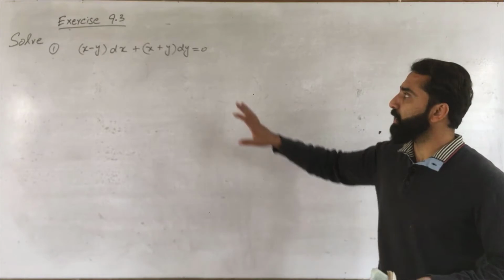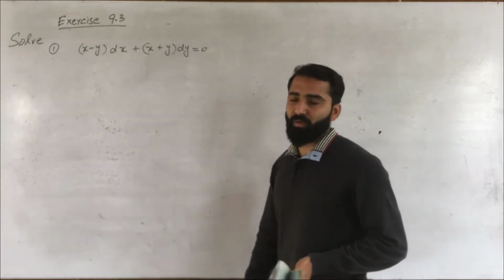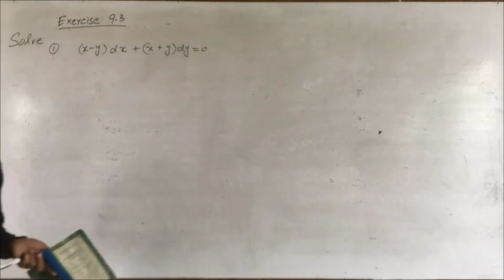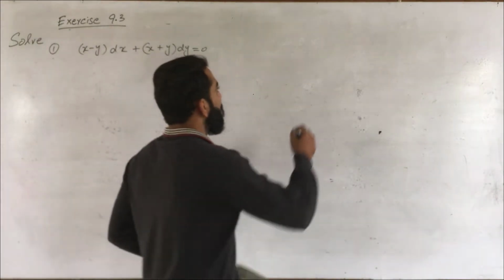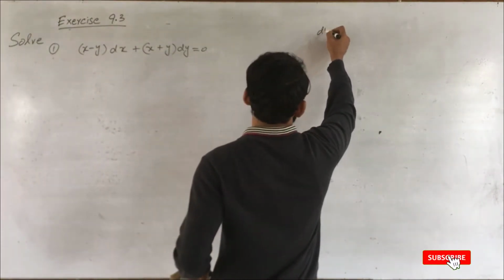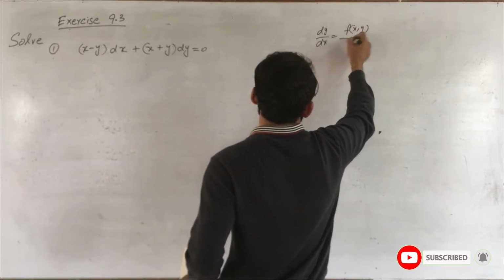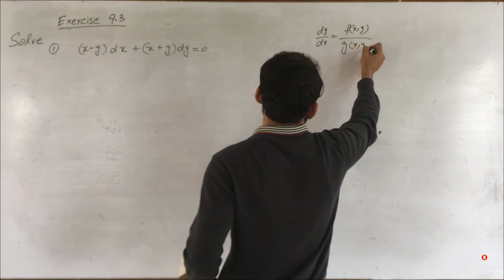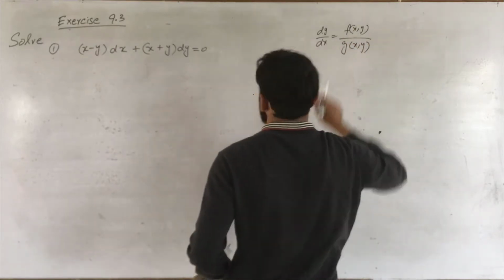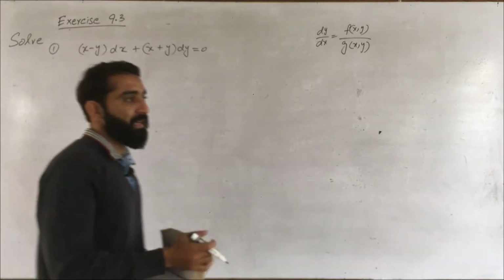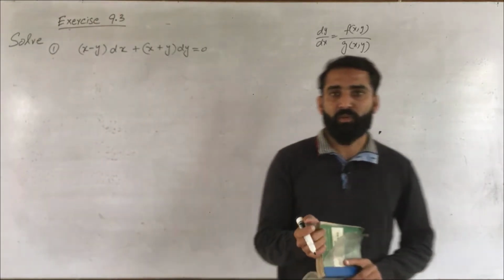It is not a separable equation, so we have to check whether it is a homogeneous equation or not. For that we have to put it in the form dy over dx is equal to some function of x and y over another function of x and y in the denominator. After that we can say that this is a homogeneous differential equation.